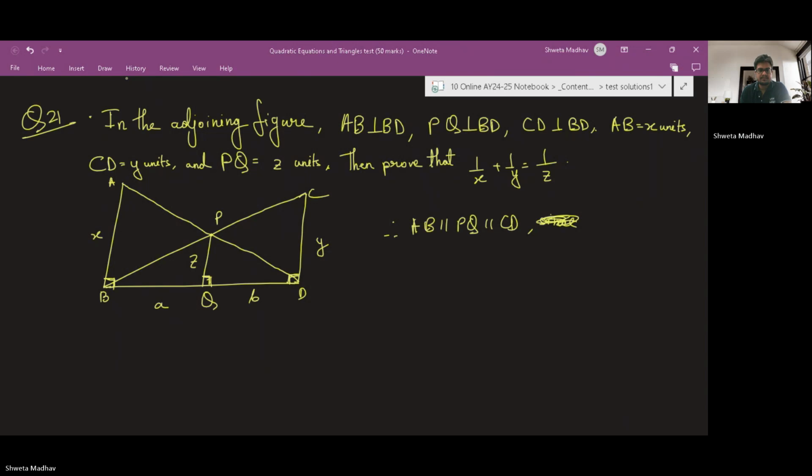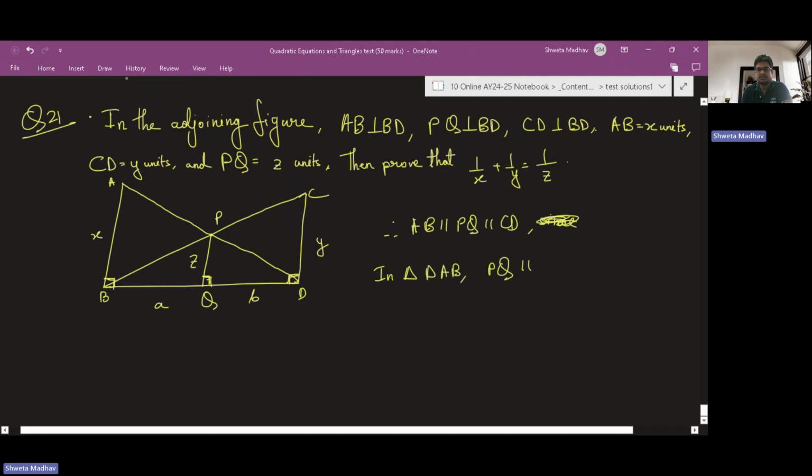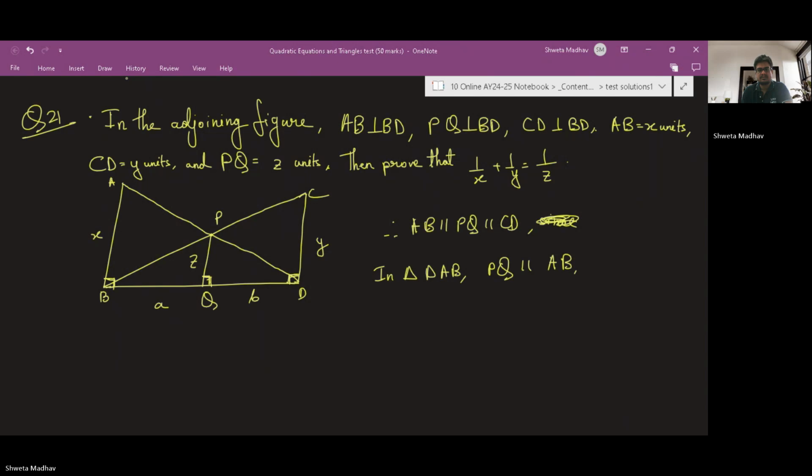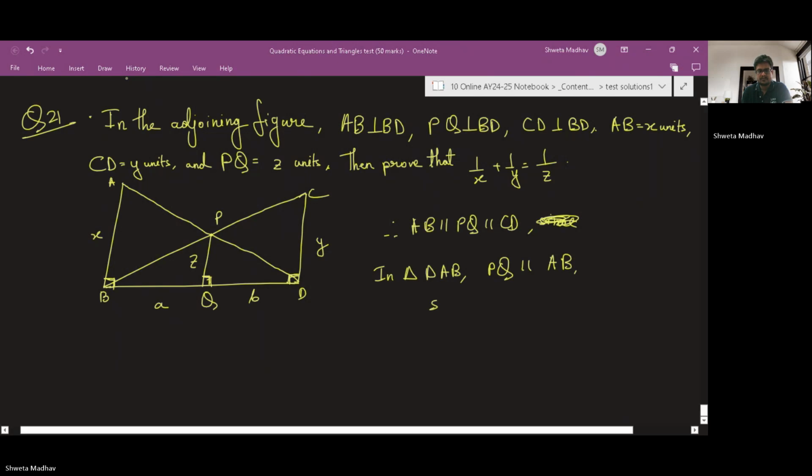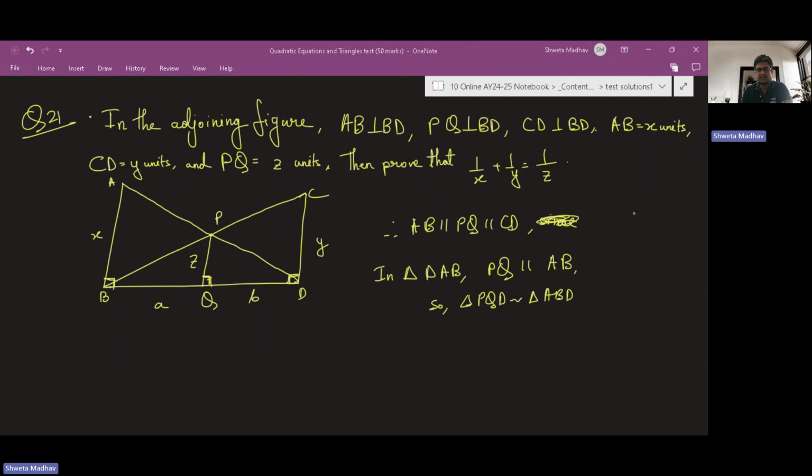So now we can see that in triangle DAB, PQ is parallel to AB. So I can say that triangle PQD is similar to triangle ABD by angle similarity.